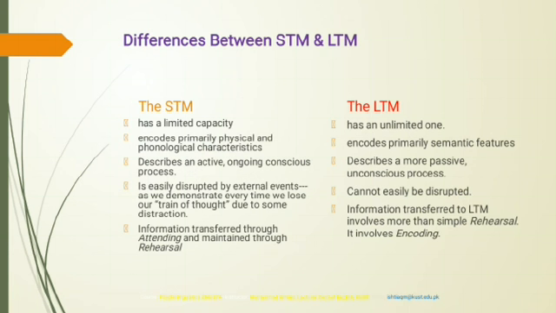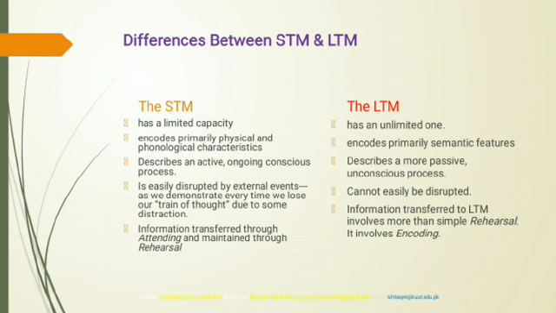Short-term memory encodes primarily physical and phonological characteristics. That's why it's iconic or echoic. Whereas long-term memory encodes primarily semantic features, meanings and concepts, not words, symbols, sounds. Rather, it encodes concepts derived from these sounds and structures. The short-term memory describes an active, ongoing conscious process.